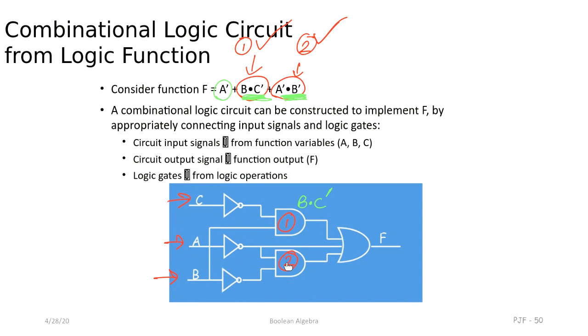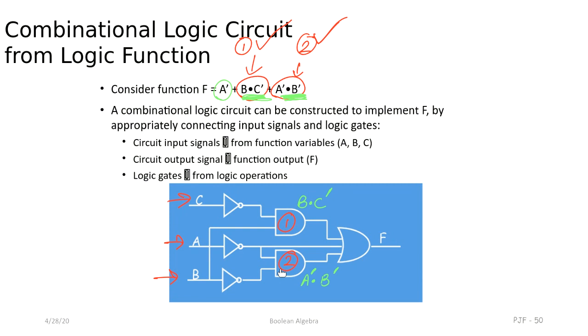Now what is the output of the second AND gate? Can anybody tell me? Can somebody want to contribute here? Yeah, A dot B, Amar, but with inversion, A dot B inverse.